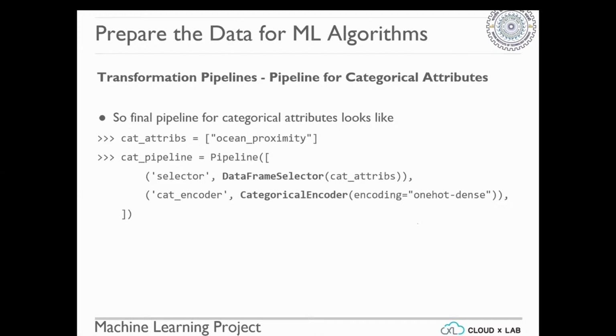For example, real values, or binary values; the values can be discrete or continuous. For example, the height of a person is a real value, right? Or weight is again a real-valued attribute, right? And here in ocean proximity, we have several types of categories for that particular attribute.